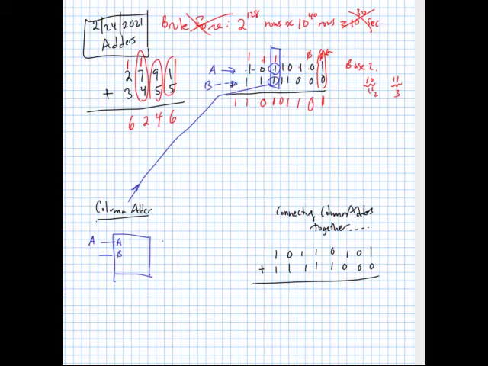And it also could potentially have a carry in. So that's this digit right here. This is the carry in from the previous column. So I'm going to add in another input called carry in.